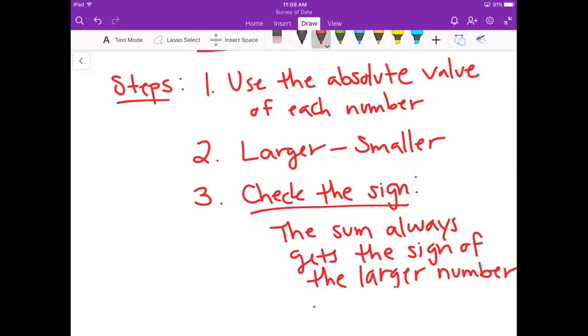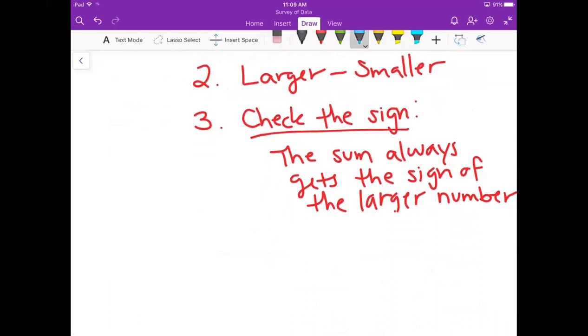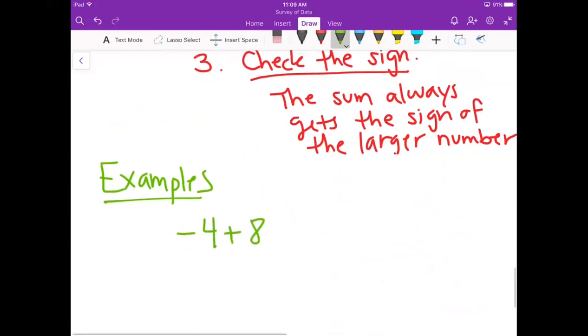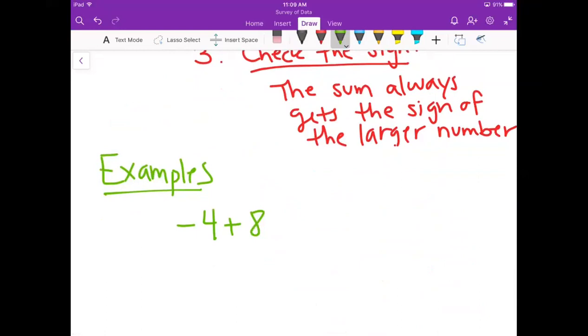All right, so let's see how this works out. Let's look again at some examples. Here's an example. We've got a negative number plus a positive number. So what we do here is we think in absolute values. We're looking at 8 and 4.